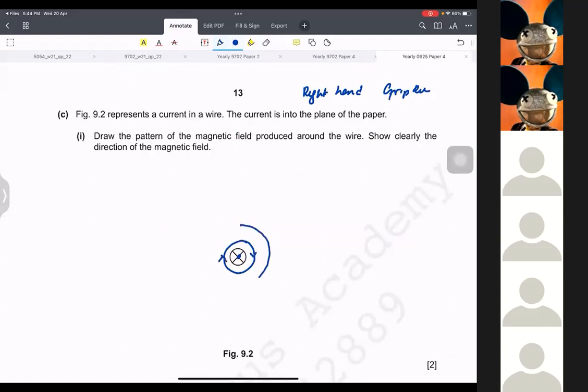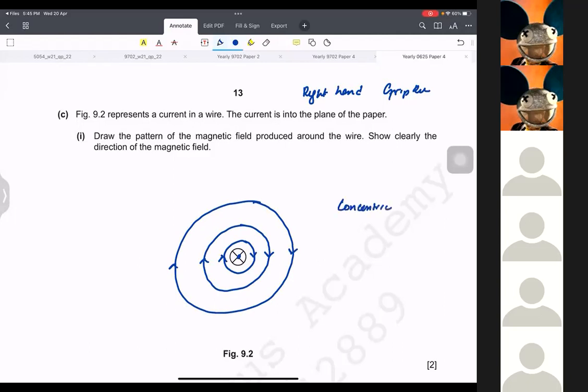Now, whenever these come, you have to make sure that there should be circles, at least 3 drawn. And every time you make a new circle, it should be bigger than the previous one. It's called concentric.